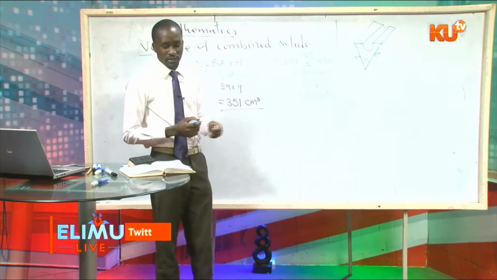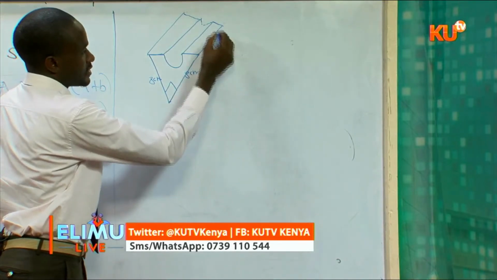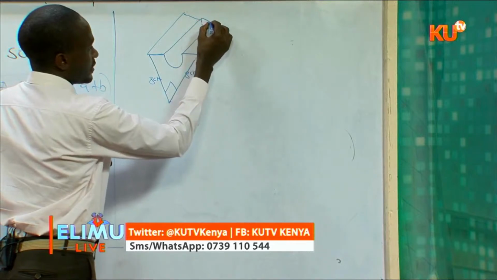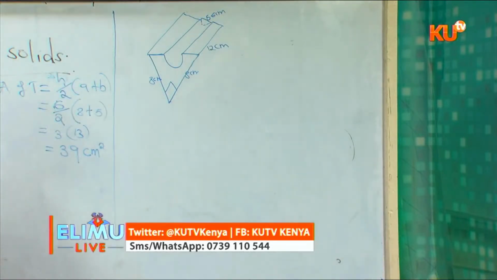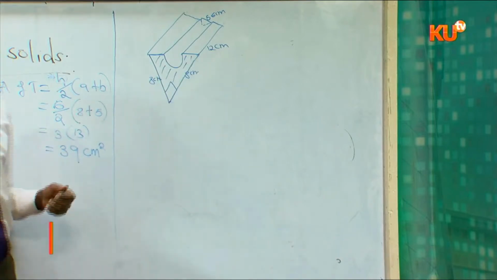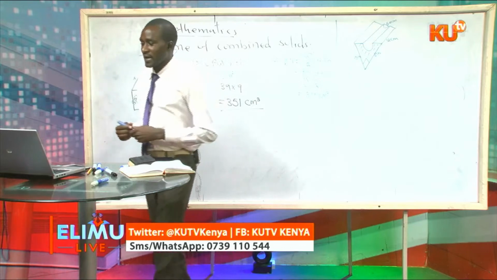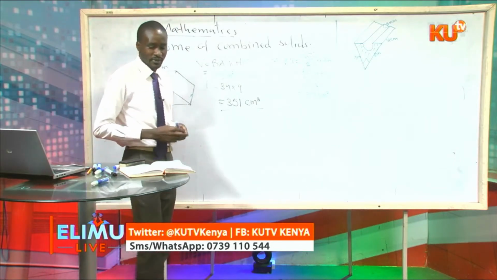It's already a wedge. Now this is 12 centimeter, and this one here to here is 5.6 centimeter. Now looking at this figure, you have been asked to find the volume of the figure below. Use pi as 22 over 7.